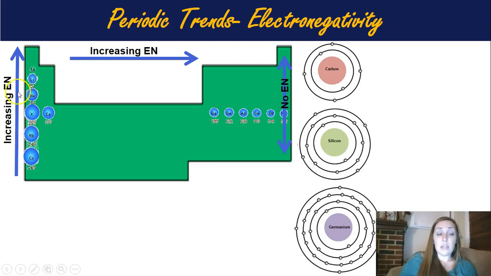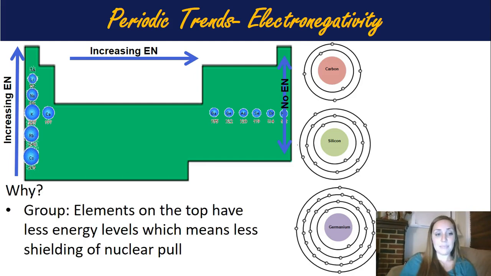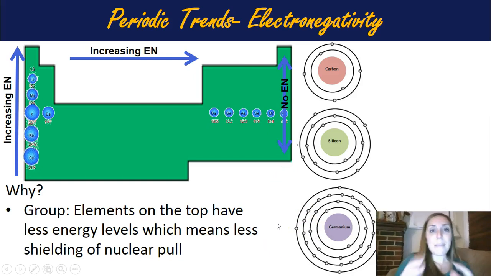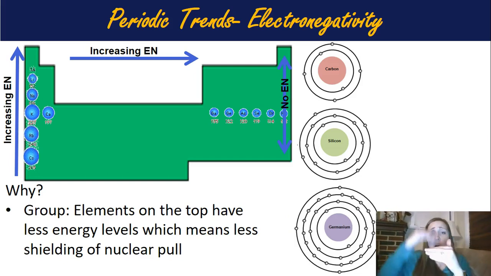And what about in the groups? It's the opposite of what we learned before. Electronegativity increases as you go up a group. Why do we see that? Because elements on the top have fewer energy levels. If I compare germanium, silicon, and carbon, as an atom outside of germanium, I can barely tell that germanium has a nucleus in the center because there are all these levels of electrons blocking it, and that's called electron shielding.